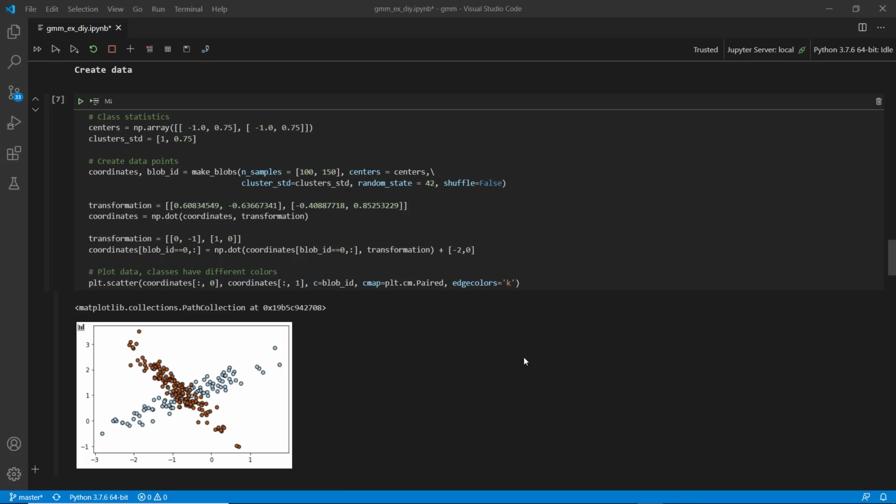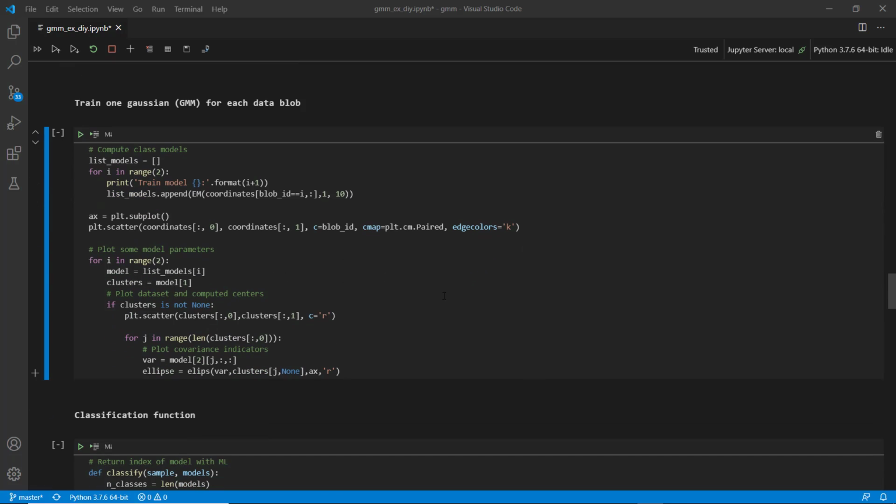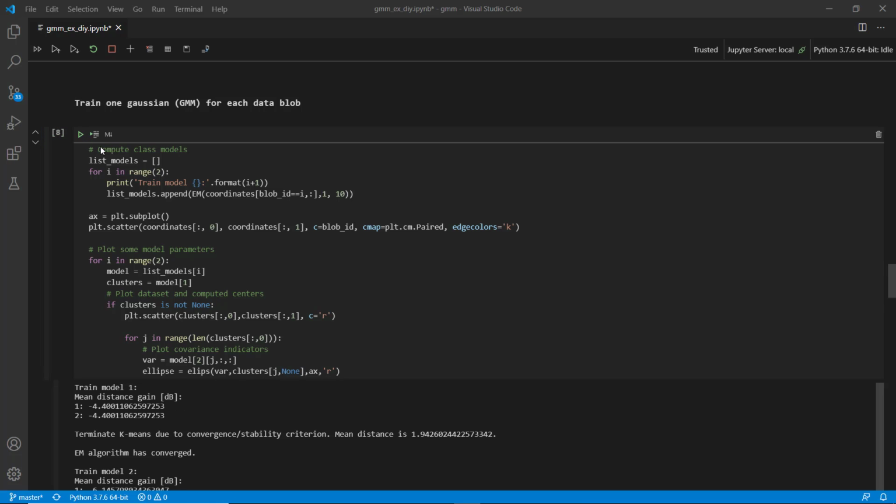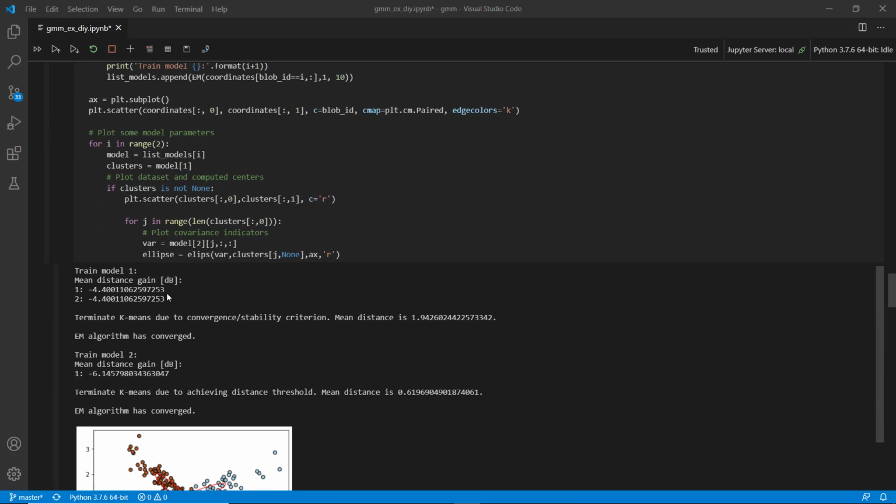And on these two classes, we can then train two GMMs. This is in the function here. So we train one GMM with the blue data and one GMM with the brown data. And when we run it, you can see some output from the initialization from the k-means algorithm, and then some information about what is happening in the EM algorithm.